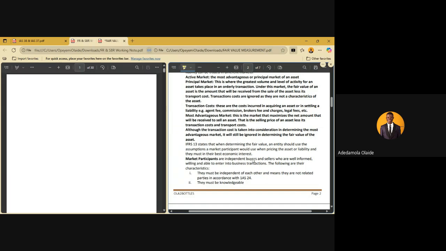But once we determine our most advantageous market, based on that, the fair value will be recomputed using selling price less transport costs. So what are transaction costs? They are just those costs that we incur in the market, like agent fees, commission, amongst other things.